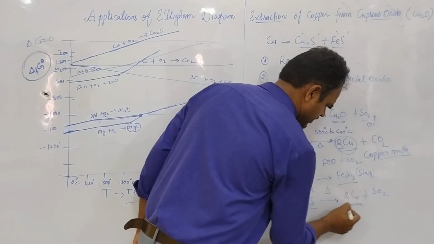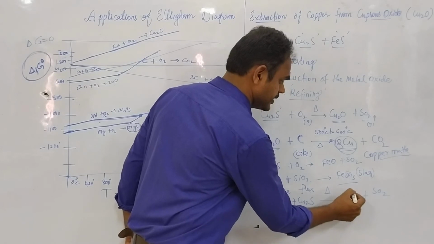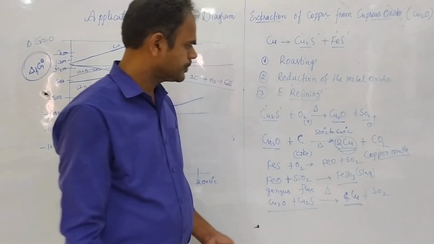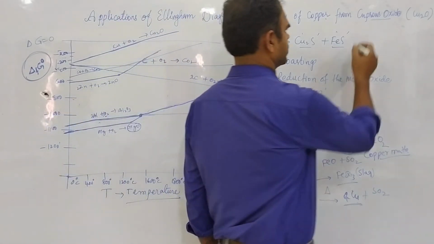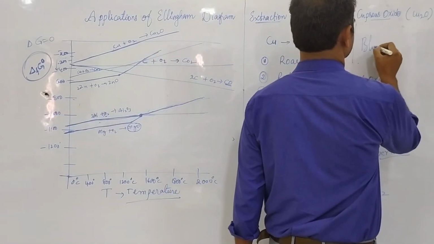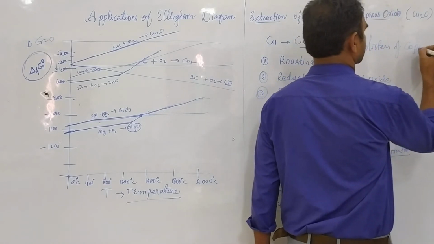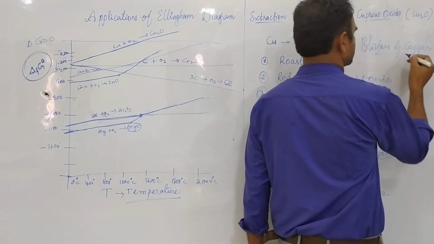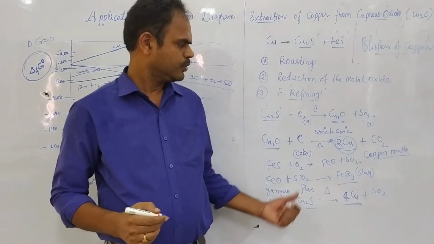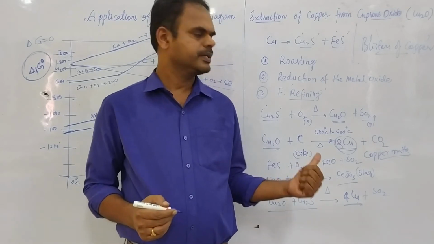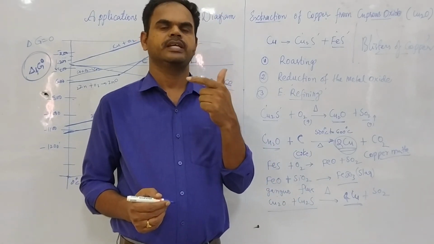Pure copper is obtained. This pure copper is called blister copper, blisters of copper. Why is it called blisters? The molten copper obtained from the reduction has SO2 gas dissolved in it.